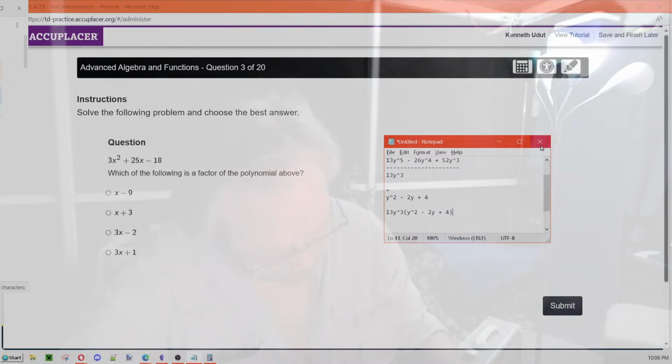Substitute. So what I get is 3x squared plus 27x. Is this right?